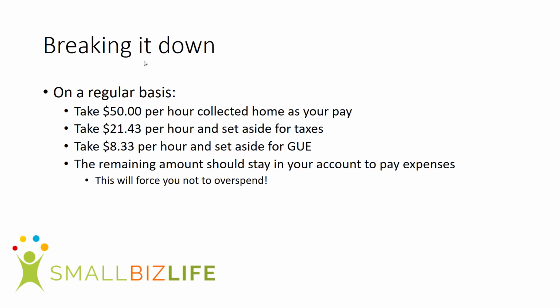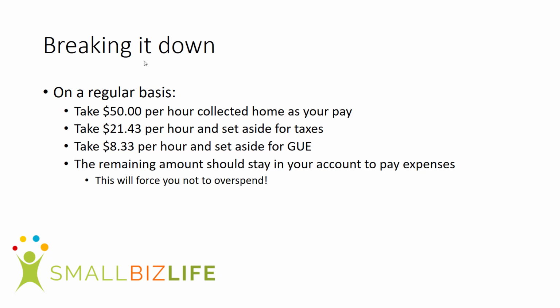I'm going to take $50 per hour collected times 20 hours, which is $1,000, and write myself a check, and that's my paycheck. Then I'm going to take $21.43 per hour times the 20 hours and set that aside for taxes. I'm going to take $8.33 per hour and set it aside in my GUE savings account. Whatever's left in the account is there to pay your expenses.